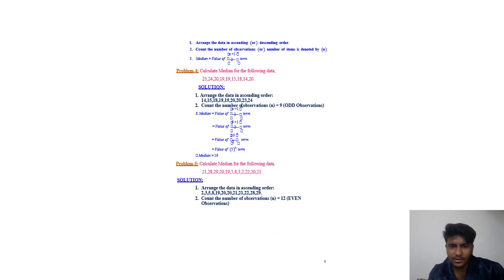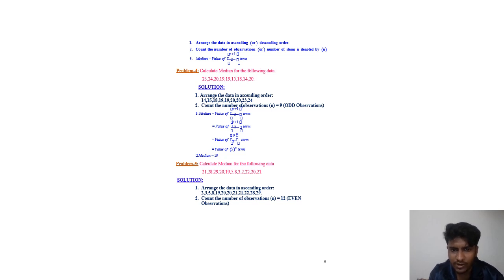Now the next one, we have median. So in median, firstly, and the very important thing, you have to arrange it in either ascending or descending order. Majorly we arrange from small to bigger numbers. So just now in this, the first kind of data set, it's already arranged: 14, 15, 18, 19, 20, 23, 24.